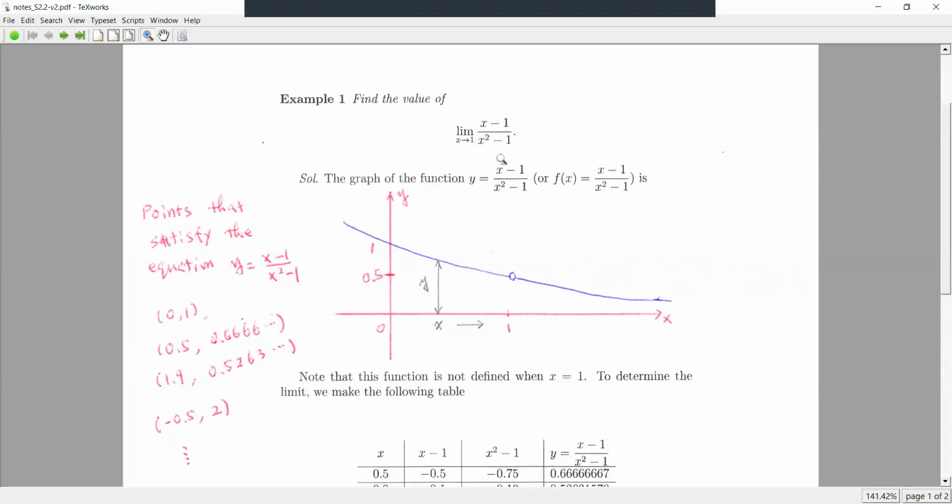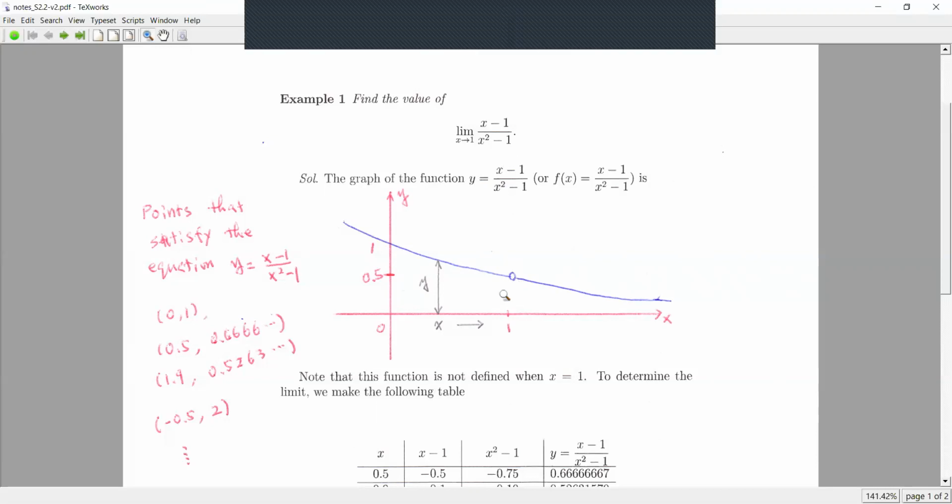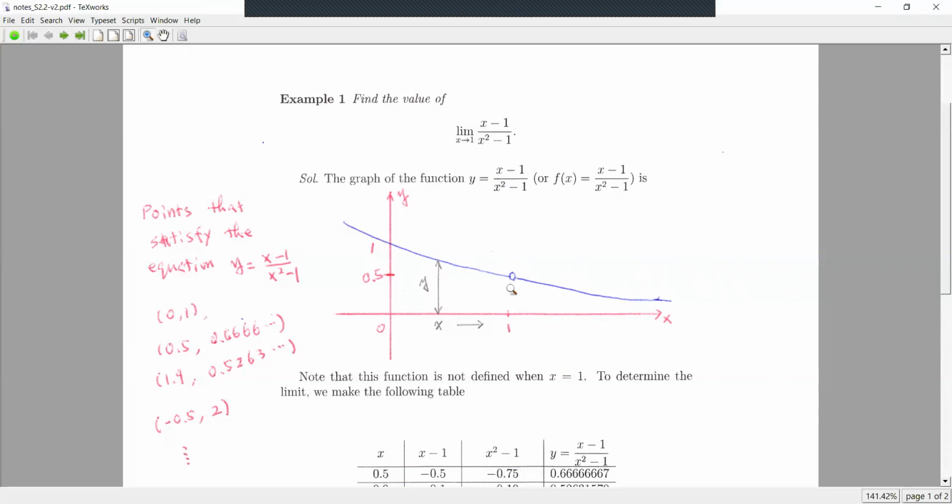Please note that this function is not defined, or not computable, when x is 1. When you plug in 1 for x, you will get 0 over 0, which is not computable. So therefore, I place an open dot here. An open dot means the point is not a part of the graph of the function.